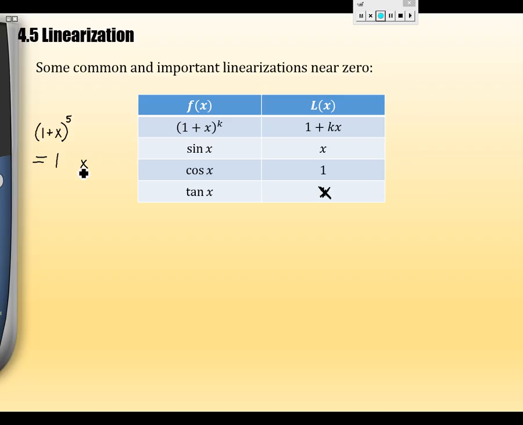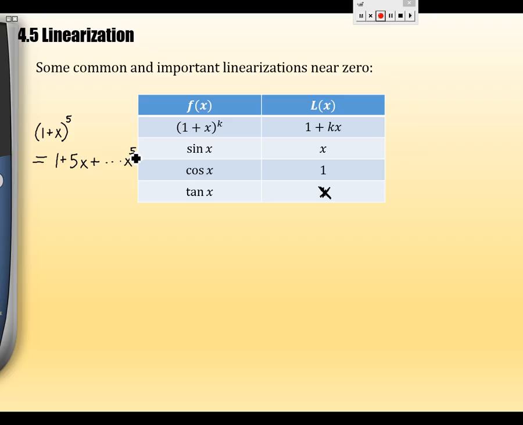If you actually look at all the brackets here, aren't there 5 ways to get an x? And then there's some other stuff, including at the very end an x to the 5th. But I think I see the linearization just sitting there in the expansion.